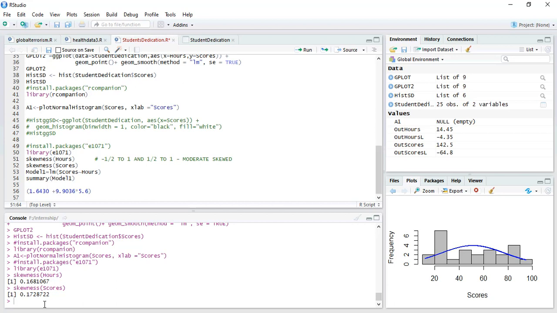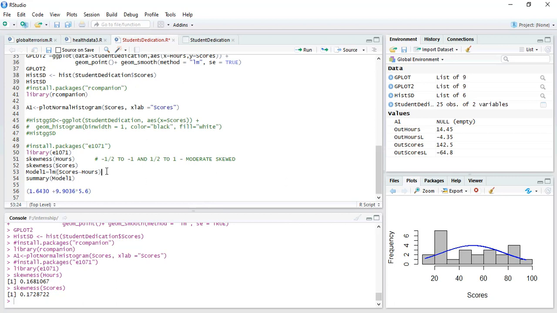So we see it is 0.16, 0.17. That means they are tending towards 0. So it's a moderate skew. If it was beyond -half, then it would have been left skewed, and if it was beyond +half, it would have been right skewed, and in between it is moderate skew.